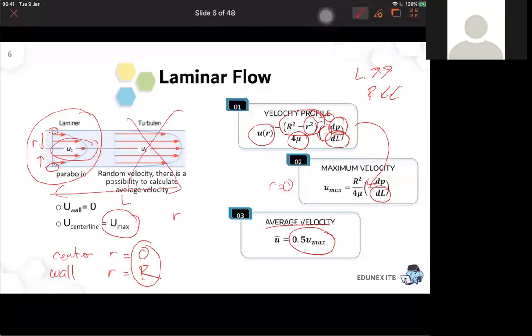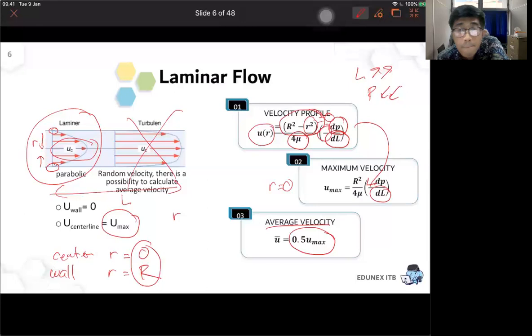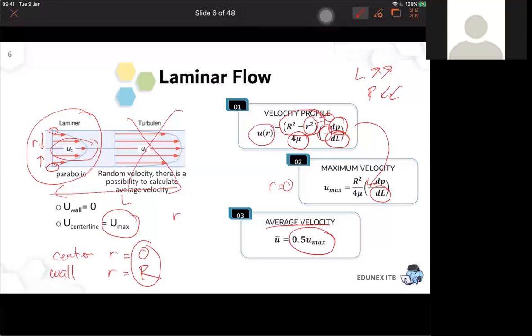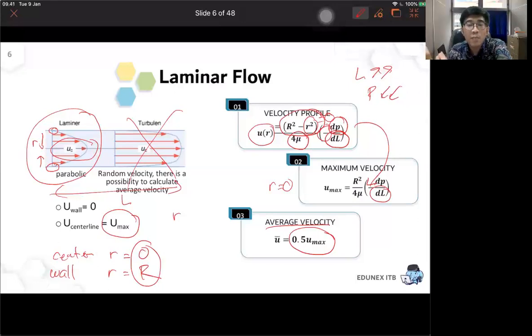Sorry, sir. I don't get why the pressure will decrease, sir. Okay, later when we discuss about the mass and energy balance, the energy balance states that the total energy will be the same, right?